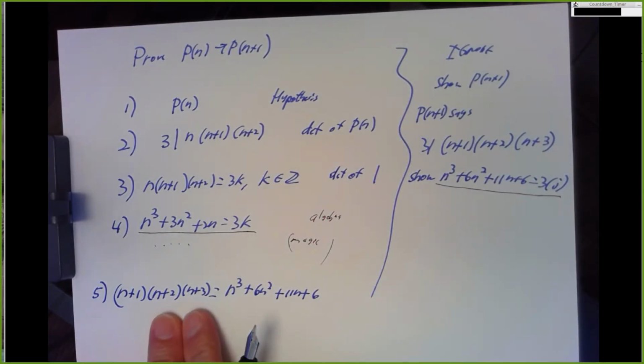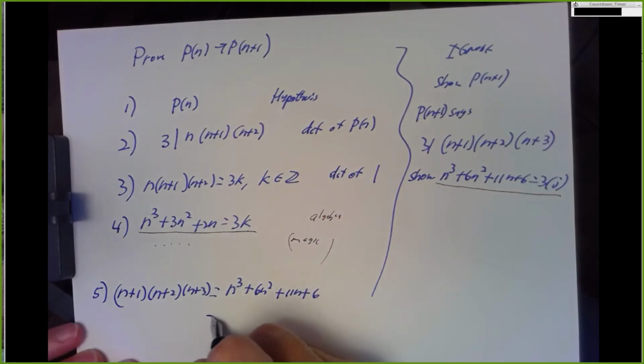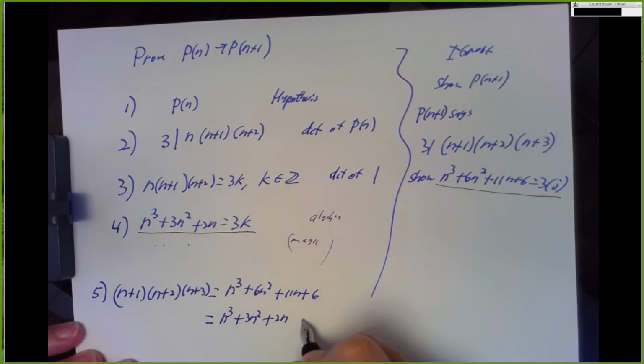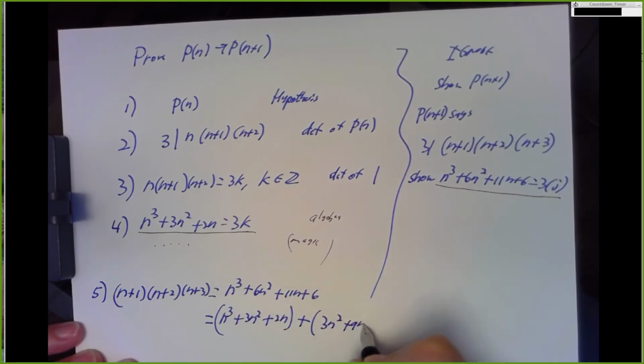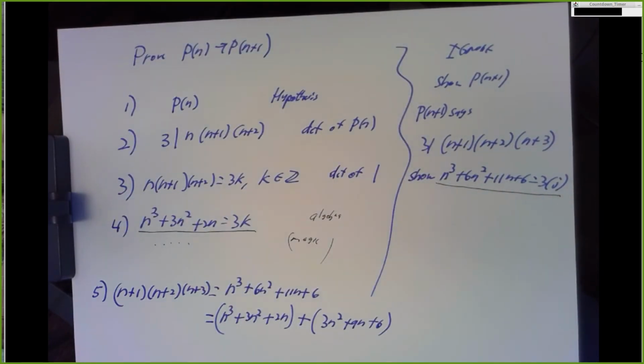So this product of binomials is equal to this cubic equation, which is equal to n cubed plus 3n squared plus 2n plus, what do I have to add? 3n squared plus 9n plus 6. That's just algebra. I can write that down without knowing any of this stuff, right?